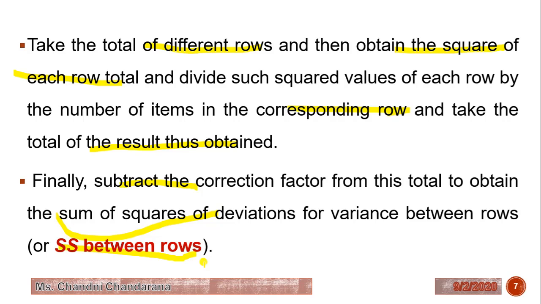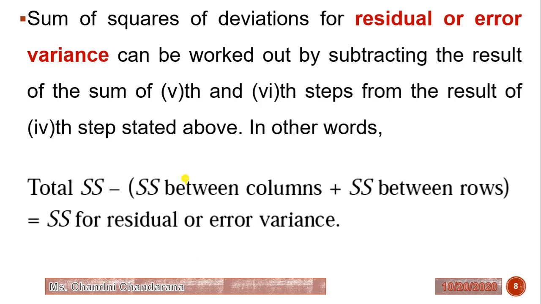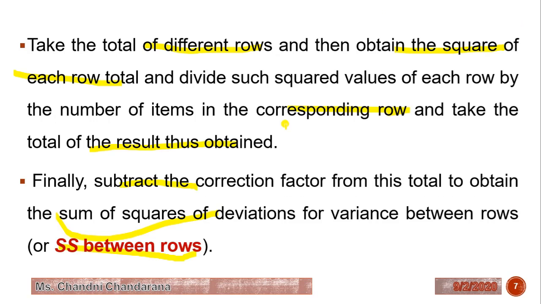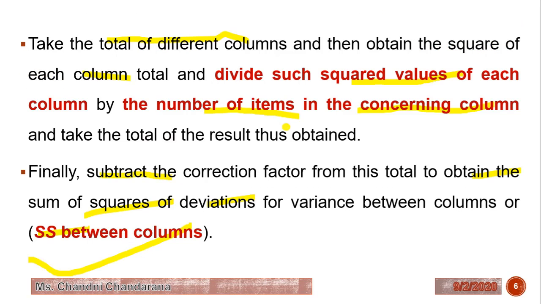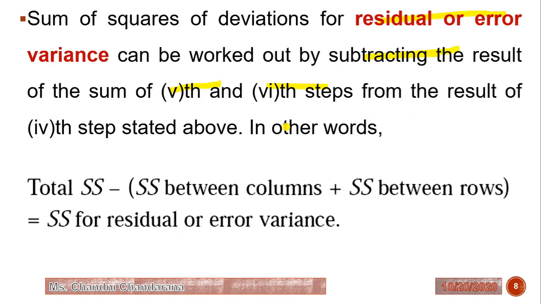Now what is the next step? The sum of squares of deviation for residual, or we can say error variance, can be worked out by subtracting the result of the fifth and sixth steps. Fifth and sixth means these two steps, SS between columns and SS between rows.